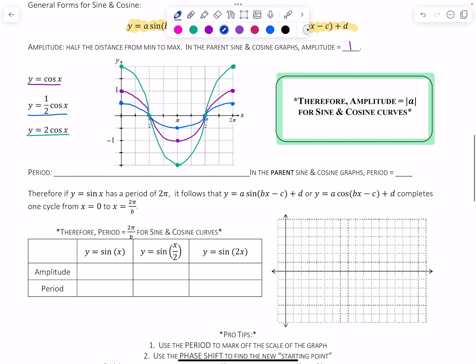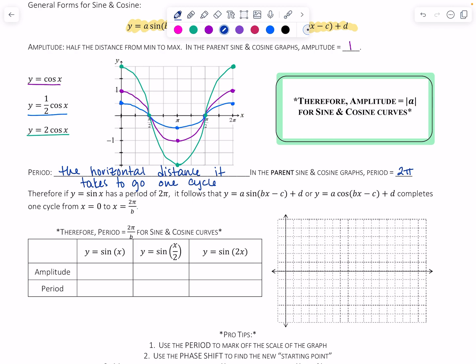All right, now let's talk about the period. And of course, we know that the period is the horizontal distance it takes to go one cycle. So in the parent function, we talked about, hey, the period of it is going to be 2 pi, right? 2 pi is 1 revolution all the way around the circle.